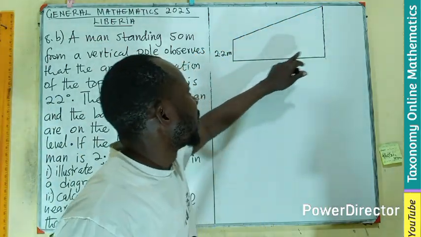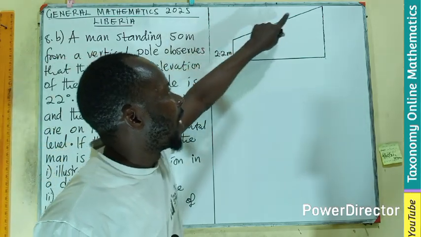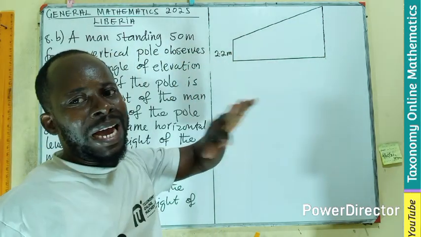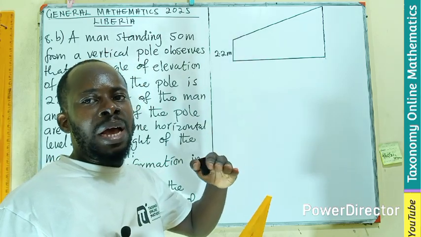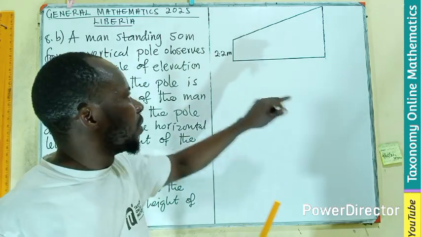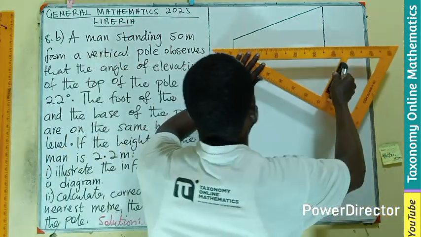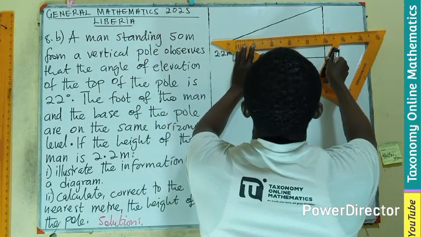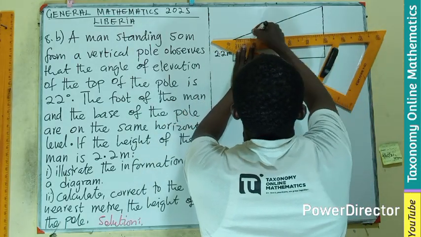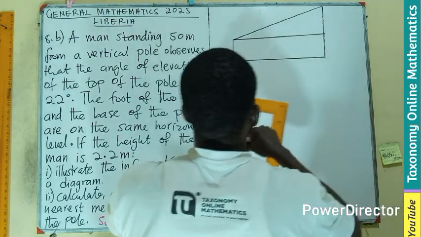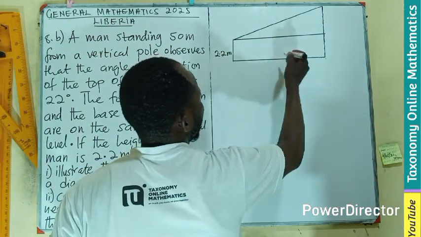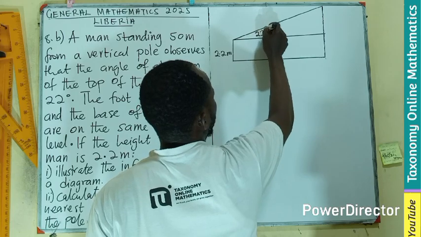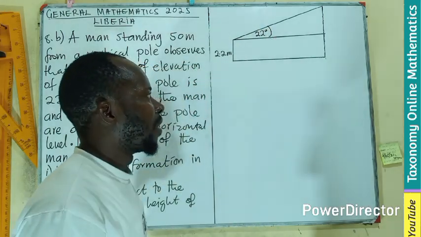This is the pole, this is the man, and observe the top of the pole with an angle of elevation. An angle of elevation is the angle from above a horizontal line. So there should be a horizontal line at where the man is. Then if that is there, I can now conclude that this is my 22 degree angle, right?